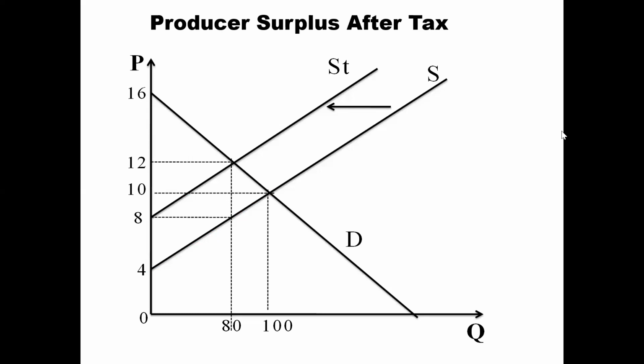Mandara, correct. Diana, correct. Shara, correct. Yes, 160. That's this area. And remember, producer surplus after tax, this area. Right?